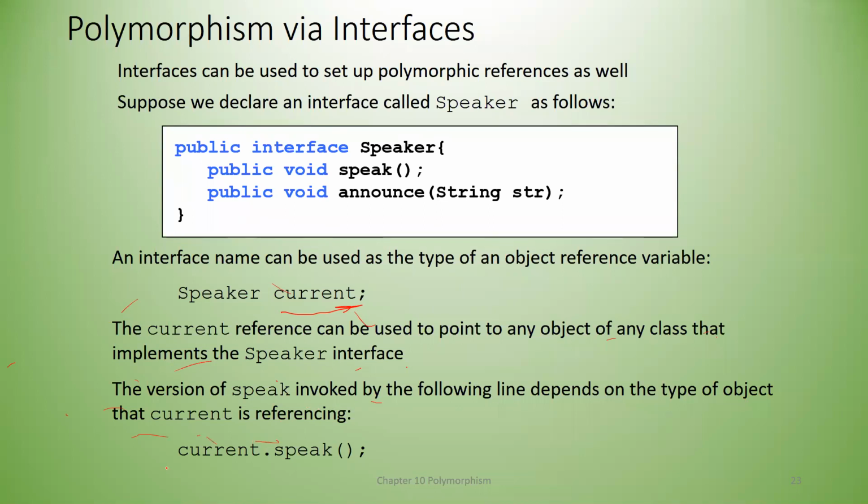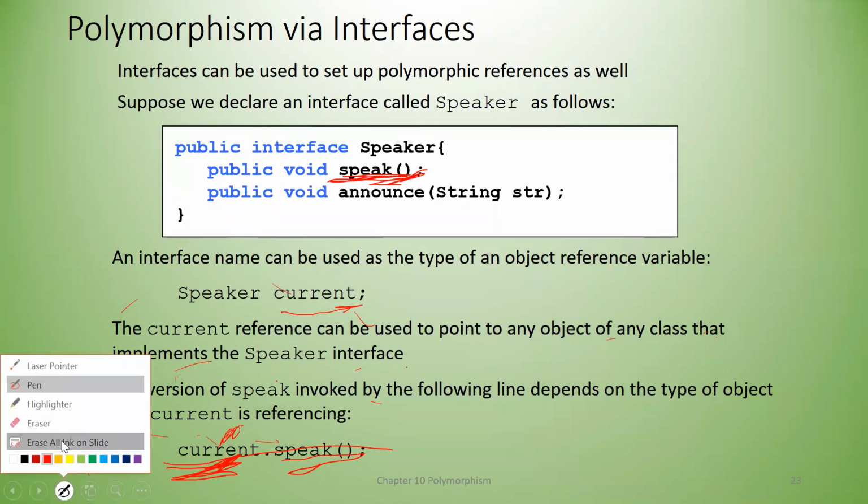So once again, current is a speaker reference variable, and dot speak, okay? At compile time, the system will go to the speaker interface and see if it has the speak method. So this will compile. At runtime, it depends on what this points to. It will execute the method in that specific class. It's the same as inheritance.